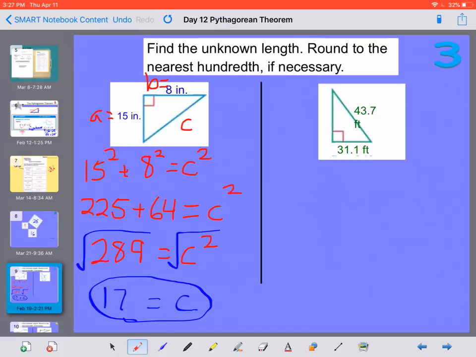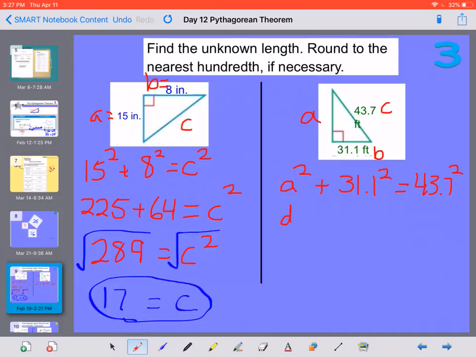Next one, we know the C, and we know either the A or B. I'm going to say this is our B. So we don't know A, we're trying to find A. So we have A squared plus B squared, which is 31.1 squared, equals 43.7 squared.